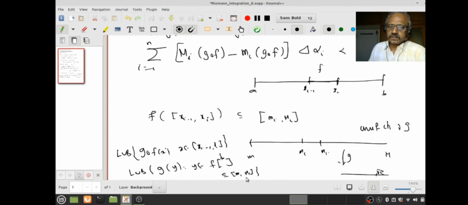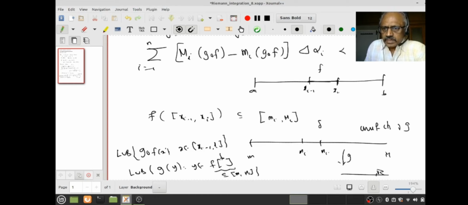Now, this object is contained in [mi, Mi] as it varies over this. Now, what do you want to understand? For this interval [mi, Mi], suppose by uniform continuity you gave me an epsilon. At present I will pretend I am working with epsilon.